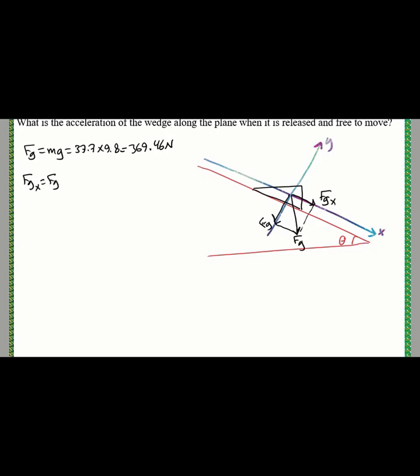Fgx equals Fg sine theta, so 369.46 sine 20.5 is 129.4, and Fgy equals Fg cosine theta, 369.46 cosine 20.5. The answer will be 346.